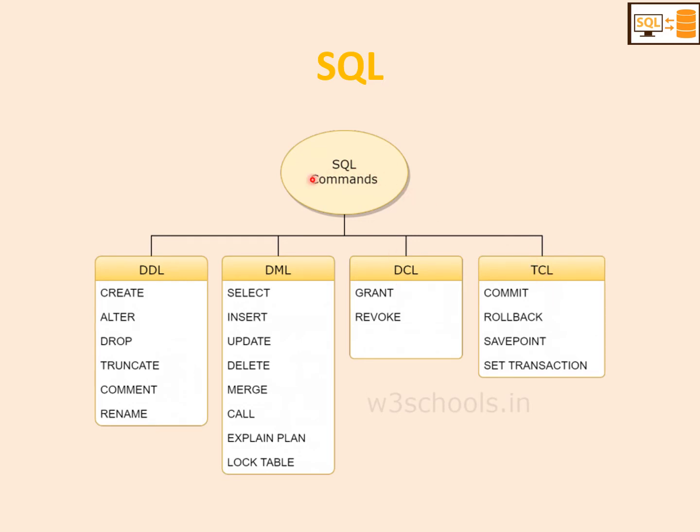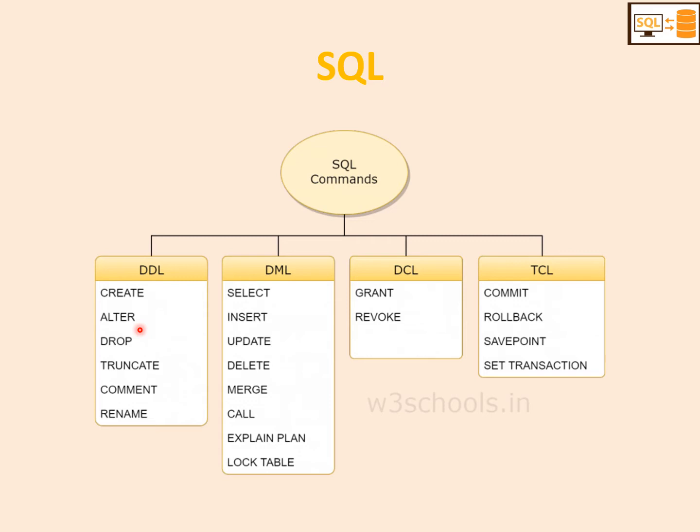Now we can see what all comes under the DDL. DDL stands for Data Definition Language. It contains statements like create, alter, drop, truncate, comment, and rename. So create is a command which is used for creating a table in the database.